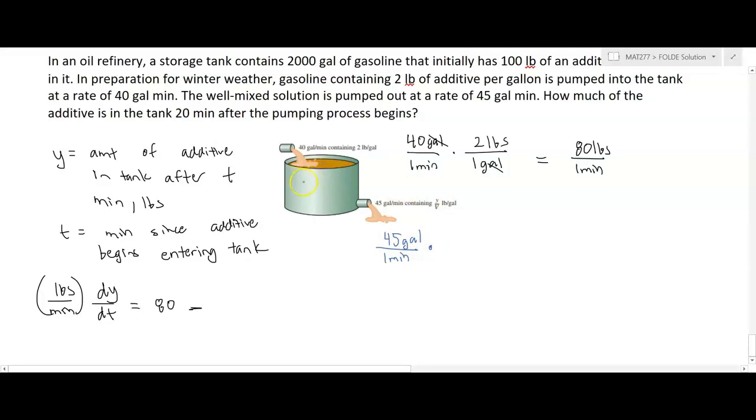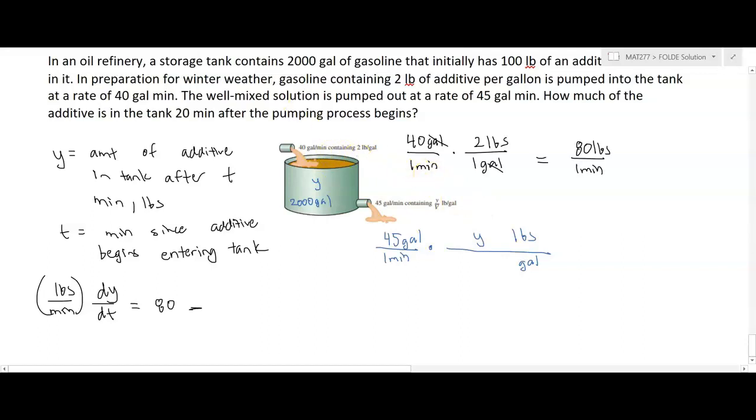Well, I know that there are y pounds inside of that tank at any moment, and I know that initially this contains 2,000 gallons. So in terms of my units here, in terms of pounds over gallons, I have y pounds inside of that tank at any moment. But the problem is I don't have 2,000 gallons at all times.